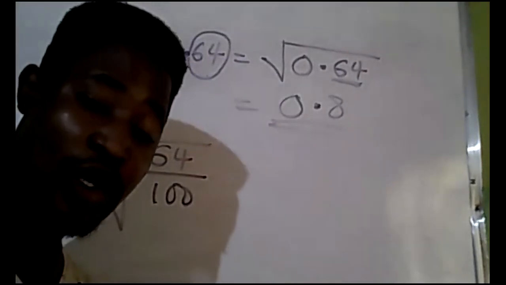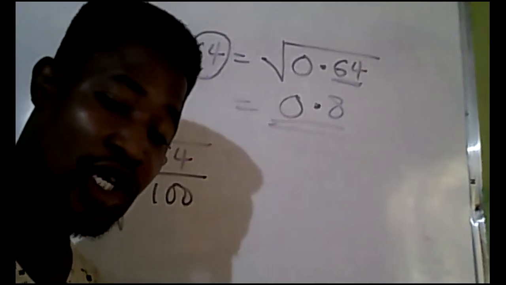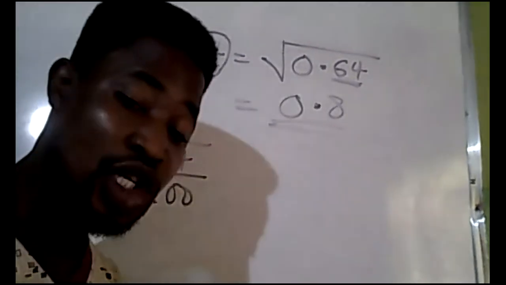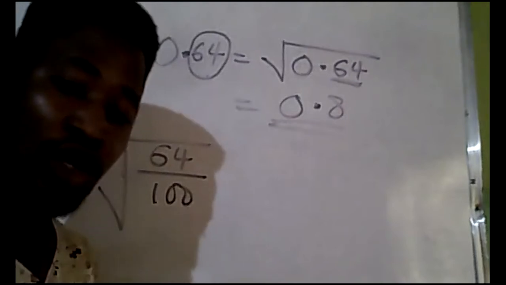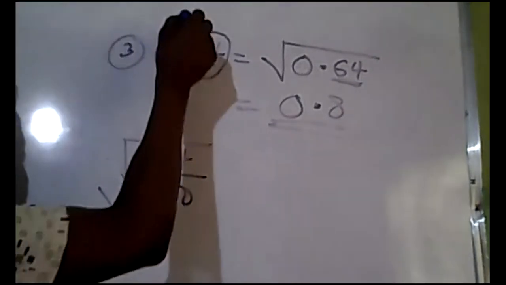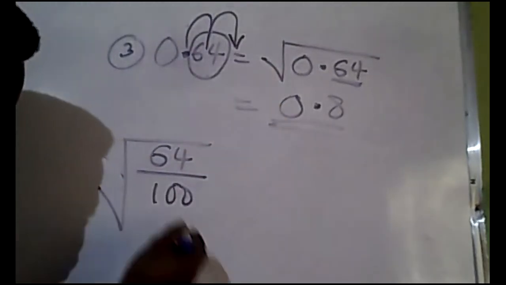If you move out the decimal point 1 time, it will be over 10. If you move it out 2 times, it will be over 100. If you move it out 3 times, it will be over 1,000. So you can use the first one I said, or you use this one. Let's go. 1, 2. And 2 times is over 100.